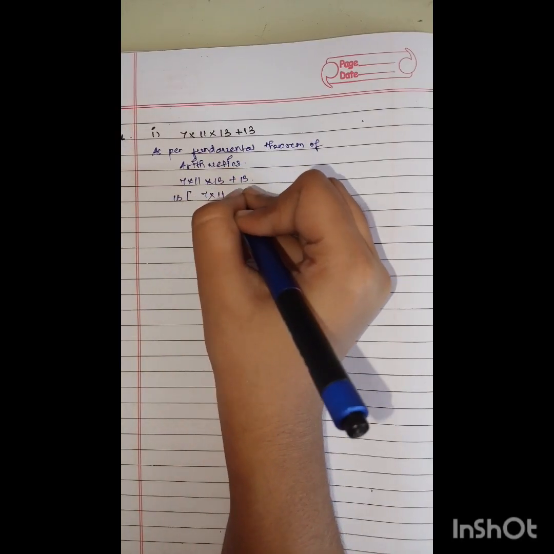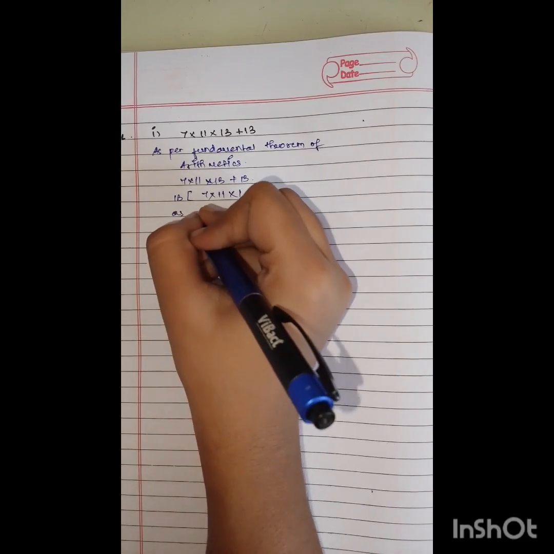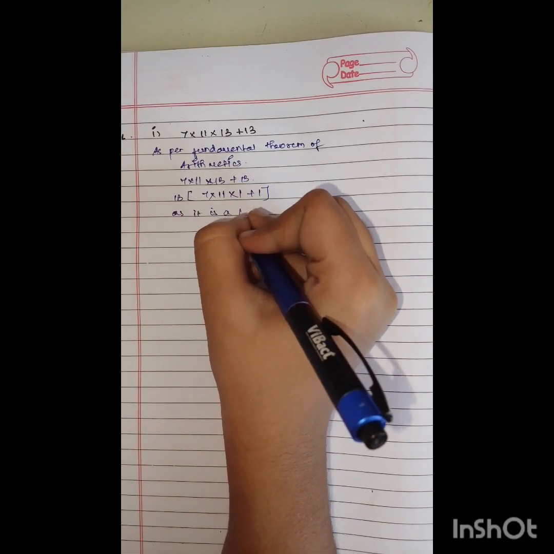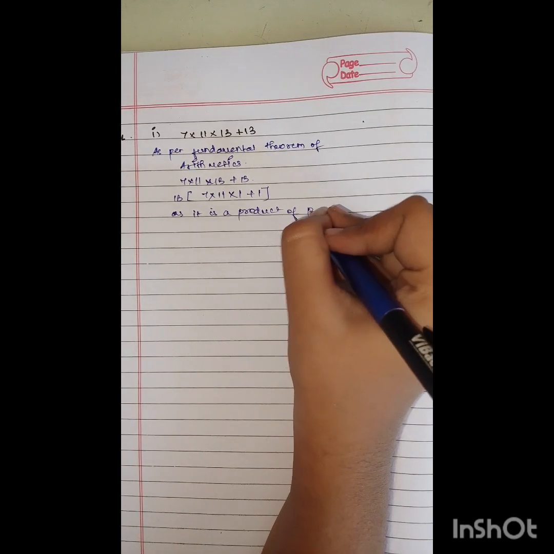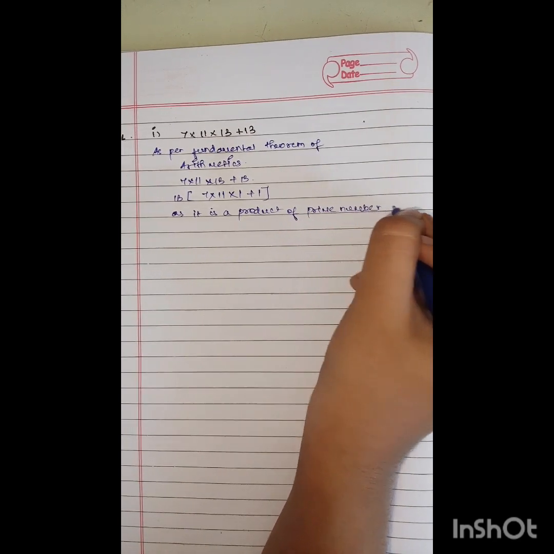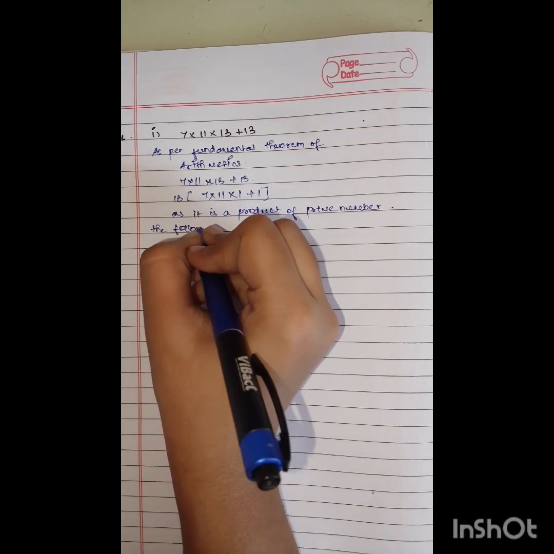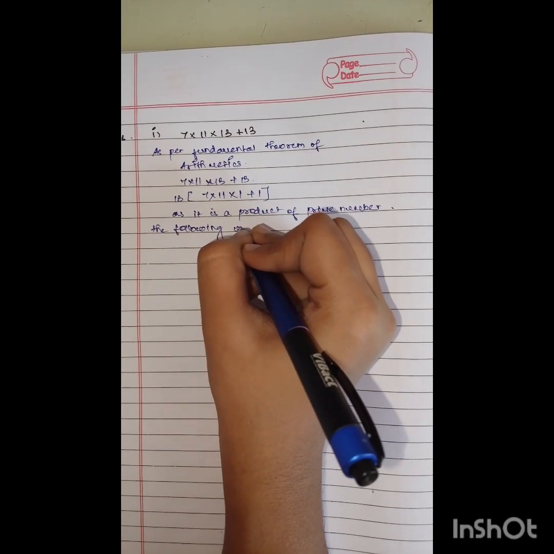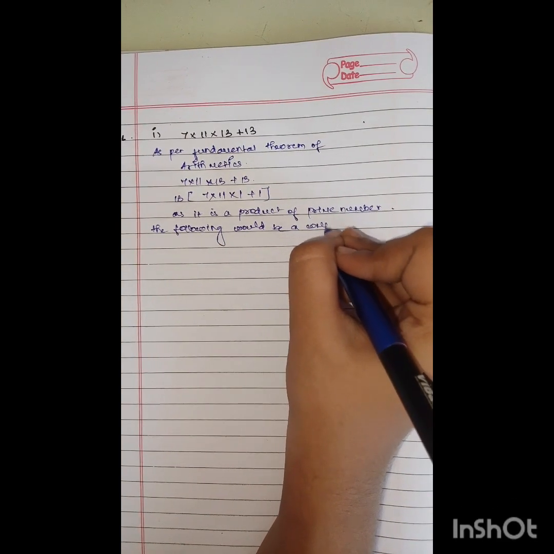So while taking 13 as common, you get 7 into 11 into 1 plus 1. 1 is neither prime nor composite. Thereby, it is a product of prime numbers, and we can say that the given number would end up being a composite number.